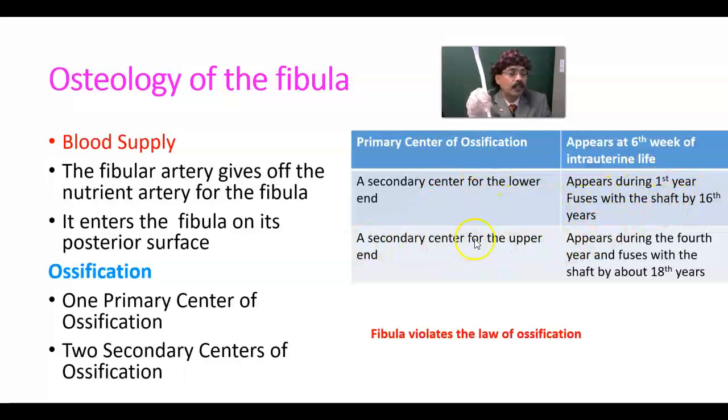The secondary center for the upper end appears during the 4th year and fuses with the shaft by the 18th year. So this is a violation of the law of ossification. The lower end center came first, it should unite last, but it came first and it united first, earlier than the secondary center of the upper end.